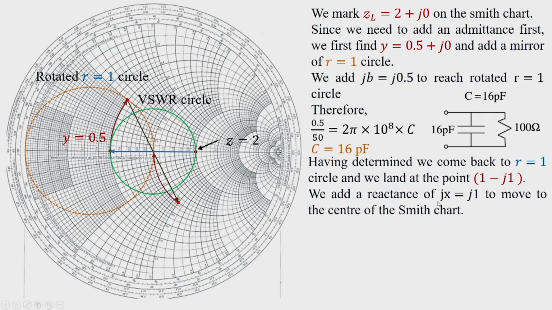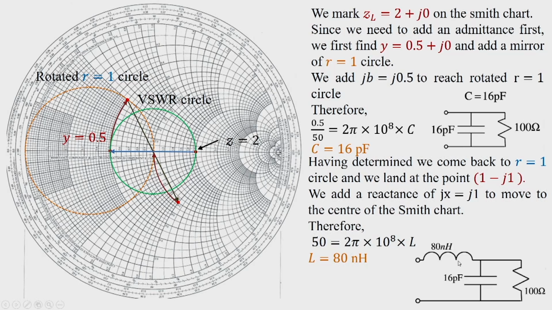Now, this x is the normalized value which is 1. So, 50 into 1 we equate with 2 pi f, which is 10 to the power 8, L, and then solve for L, and we get the value of L to be equal to 80 nanohenry.